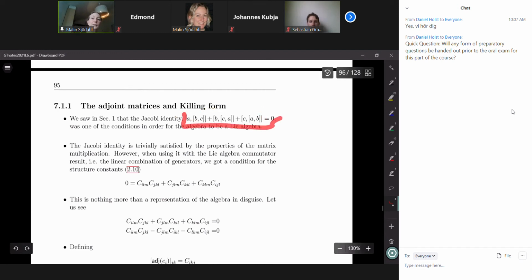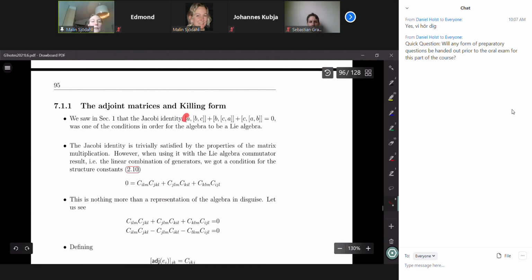So this we require from an algebra, and it is trivially obtained, as we have seen, by just straightforward matrix multiplication if we have a matrix representation. However, this Jacobi identity actually gives rise to a particular representation, the adjoint representation.